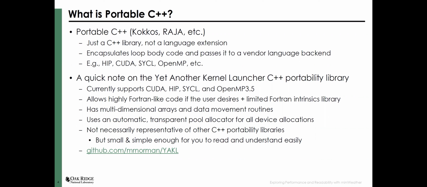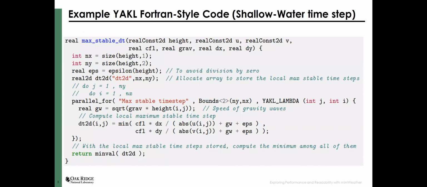And I just want to say it's not necessarily representative of these C++ portability libraries, but it is hopefully small and simple enough that if you check out the repo, you can actually see what's going on clearly under the hood. With that, I'll go ahead and move on. This is an example of Fortran-style use of the YAKL C++ library.